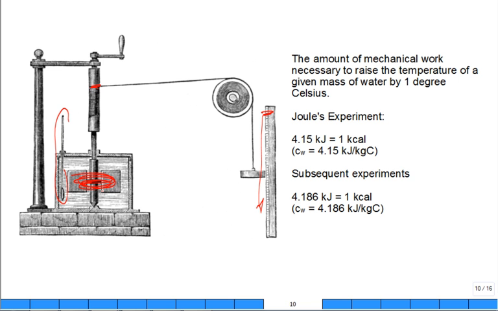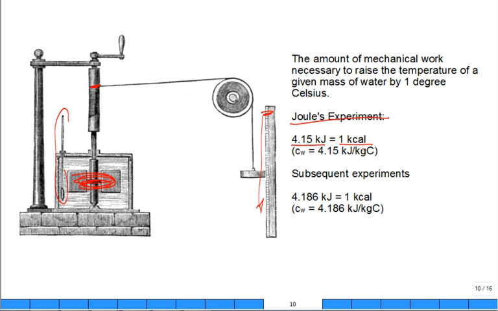The only way before that the water would increase in temperature was a transfer of caloric, some fiery fluid substance, due to a temperature difference. Was there any temperature difference to drive that heat transfer? No, there was no heat transfer to warm it up. So he concluded from his experiments and very careful observations that 4.15 kilojoules of mechanical energy is equivalent to 1 kilocalorie of heat transfer.